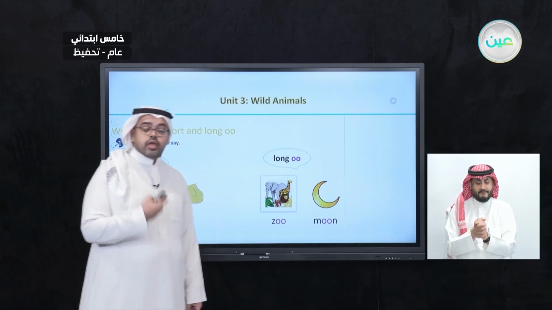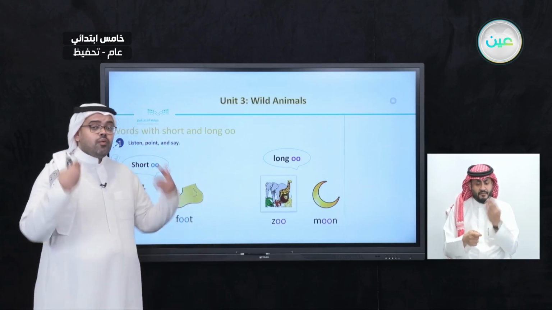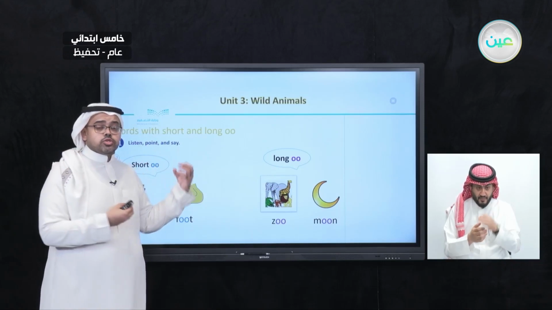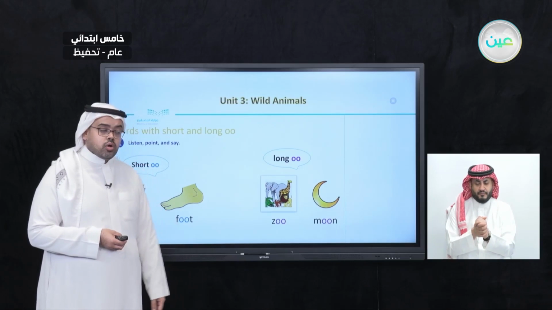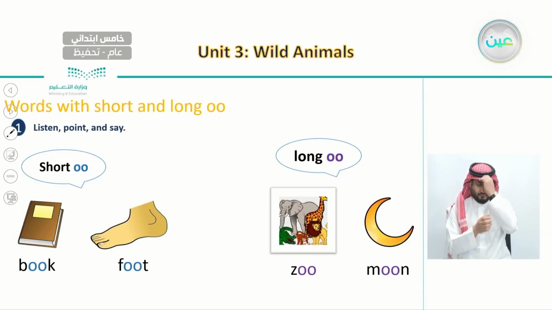So now let's repeat these examples so we get to know how the short double O sounded like and also how the long double O sounded like. So the first one, let's listen to these examples of words that have short double O's, and I would like you to repeat after me.